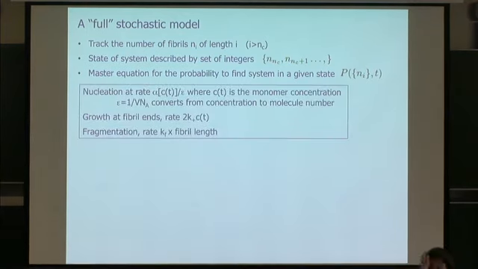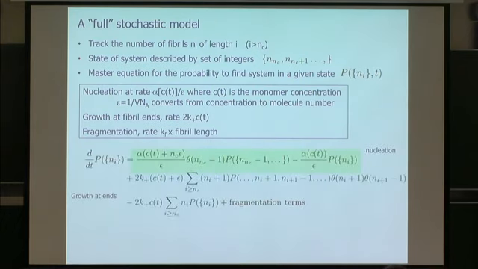And so the processes which should be in there are basically the same processes as I described before. So we have nucleation at some rate alpha, which is a function of the monomer concentration, which now I call c(t). And that should depend on epsilon, a parameter I define as a volume scaling. So epsilon is 1 over V times Avogadro's number, and so this is basically a conversion factor. It converts concentrations into molecule numbers. Okay, and then we should have growth at the ends of the fibrils, and we should have fragmentation.